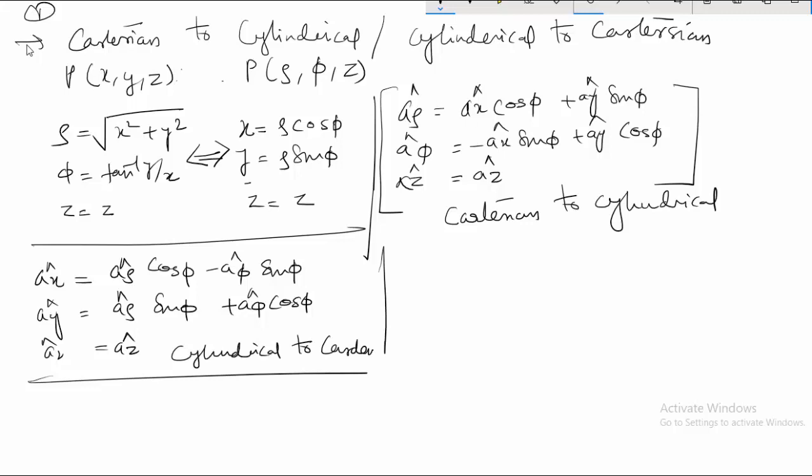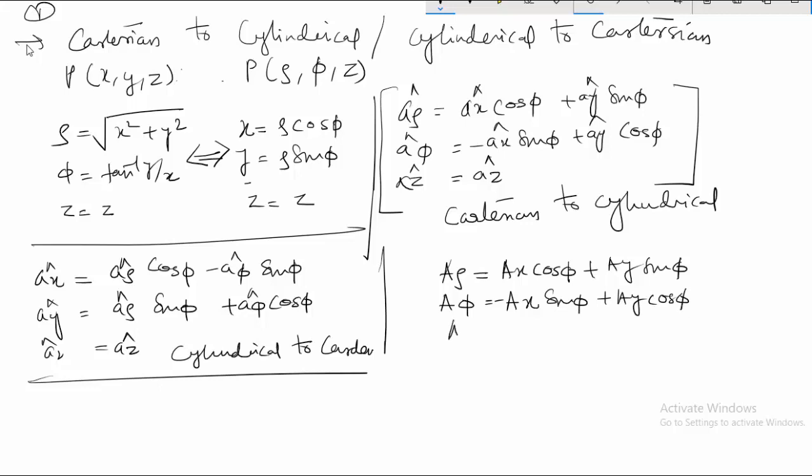And to convert the vector itself, the vector components can be converted by this. The a rho can be converted as ax cos phi plus ay sin phi, and a phi can be converted as minus ax sin phi plus ay cos phi, and az is equal to az. So this is how you can convert the component vectors from Cartesian to cylindrical when you have the component vectors in Cartesian.